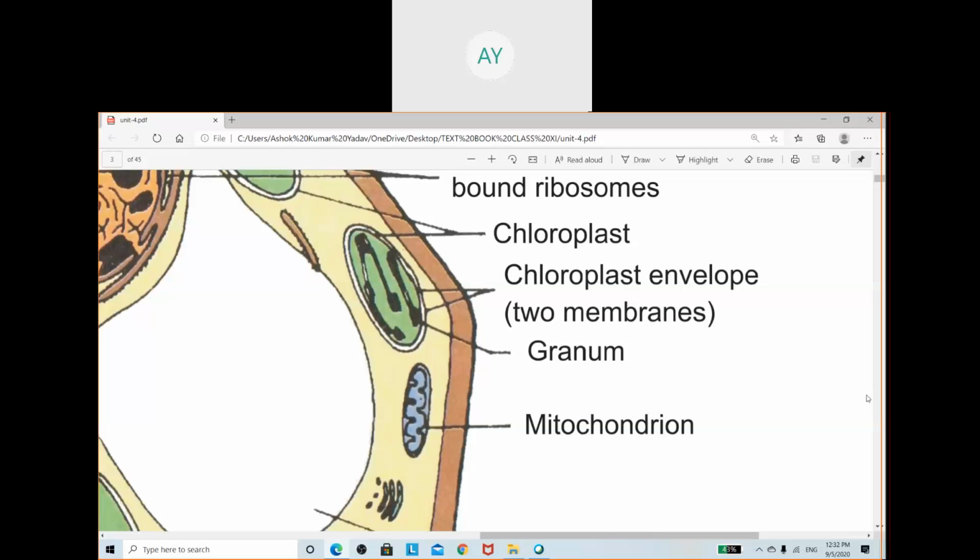The F0 F1 particle has the same structure, but it is present inside the mitochondria. That's why we are not putting C. C means chloroplast. So again, can you repeat which particle is present in chloroplast?